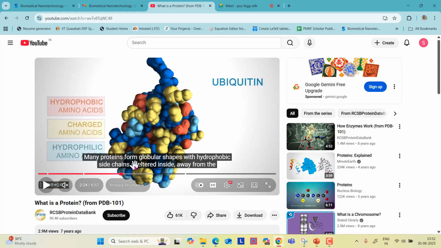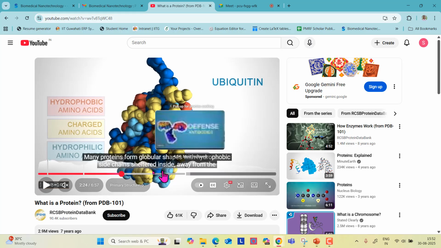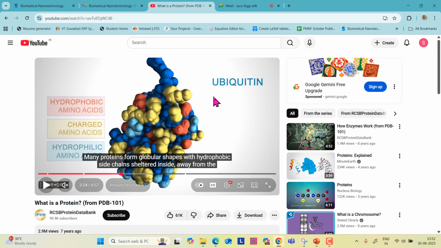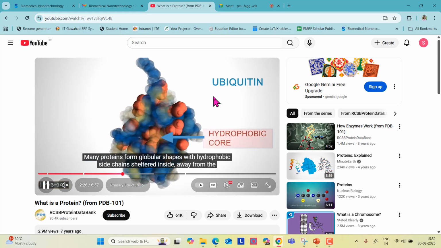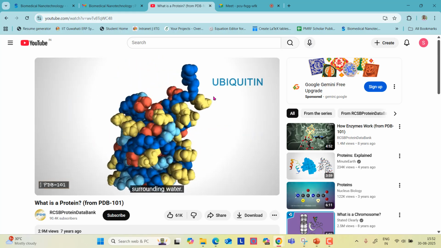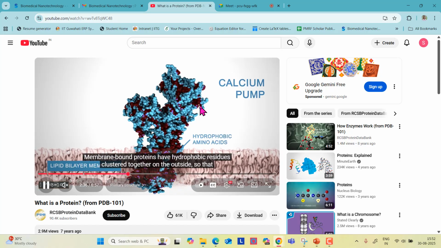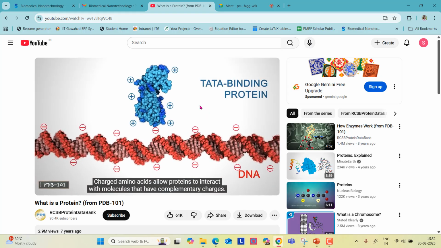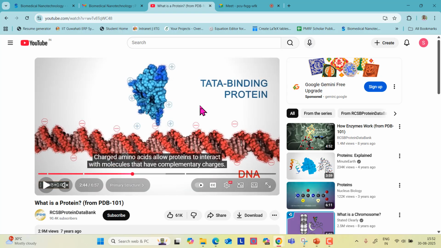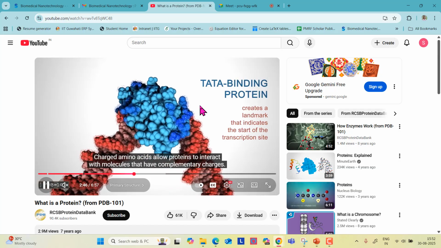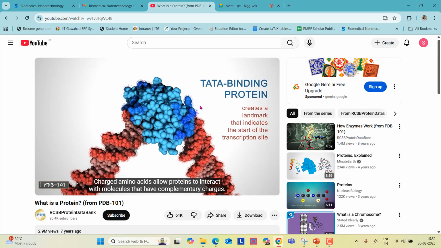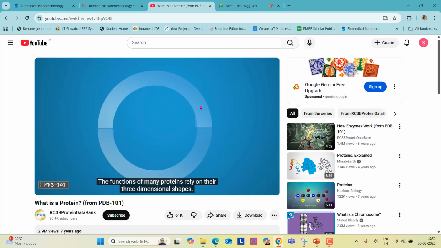Many proteins form globular shapes with hydrophobic side chains sheltered inside, away from the water. They can interact with lipids. Charged amino acids allow proteins to interact with molecules that have complementary charges, which is the normal case, right?